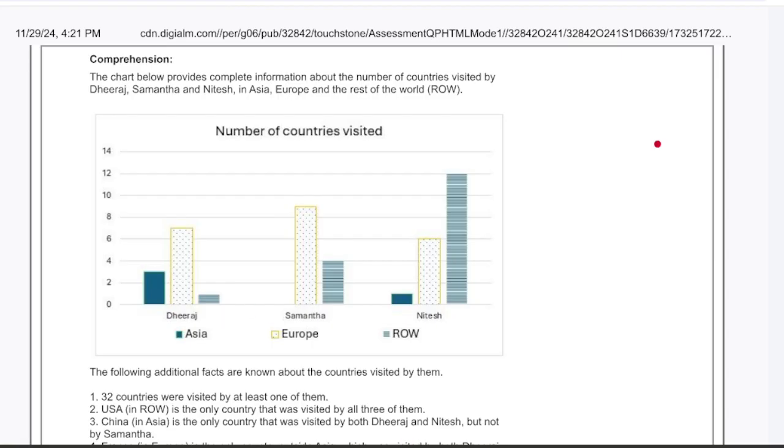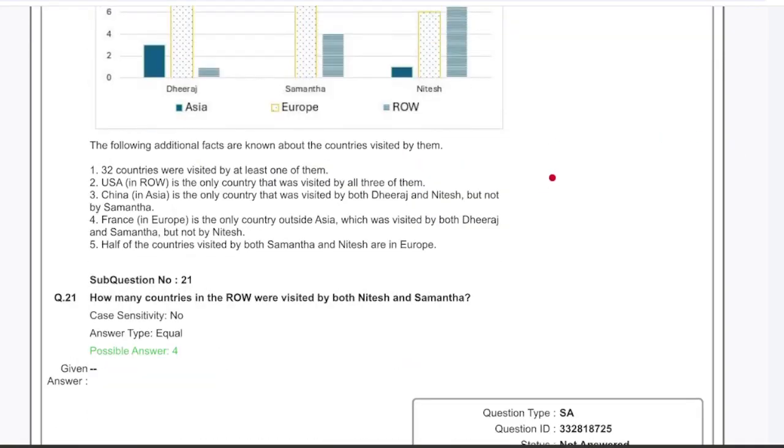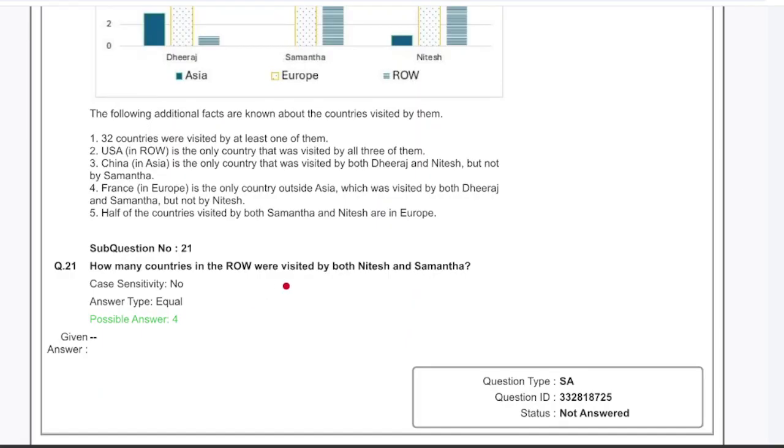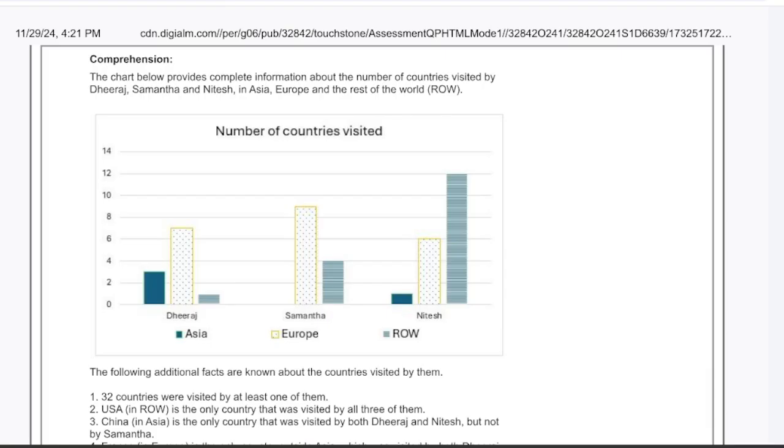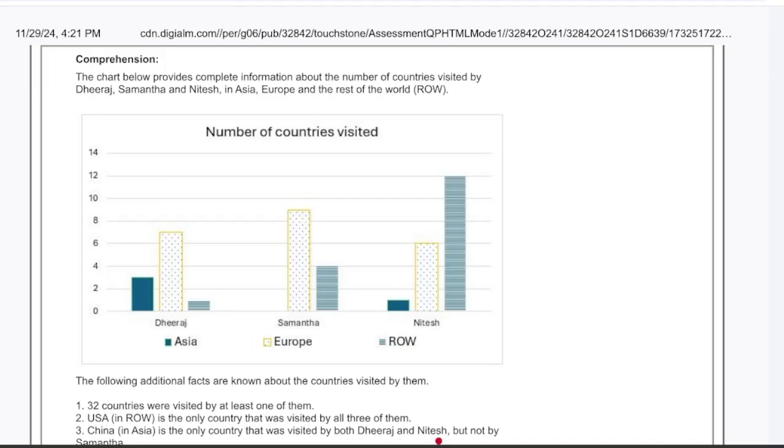The next question: how many countries in the rest of the world were visited by both Nitesh and Samantha? By Nitesh and Samantha, three we know are visited by Sam and Nitesh but not by Dheeraj. And the fourth one is USA, of course, which is common to all. That means the answer to this question is going to be four.